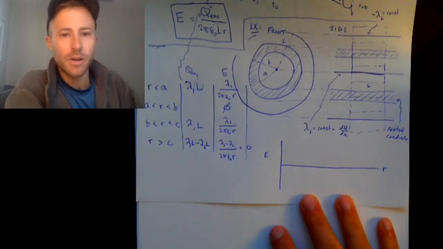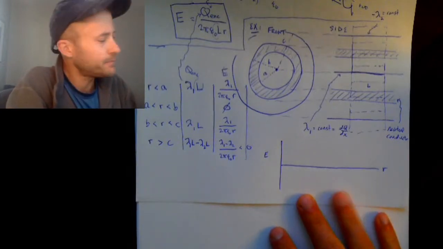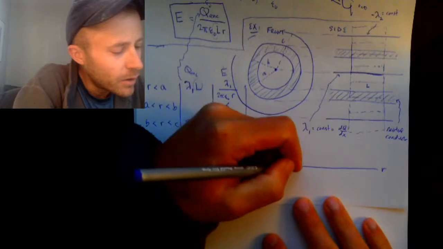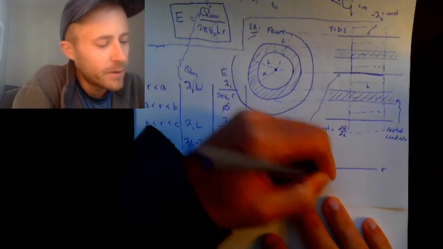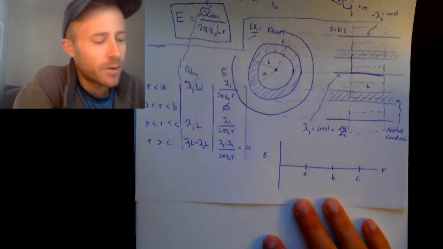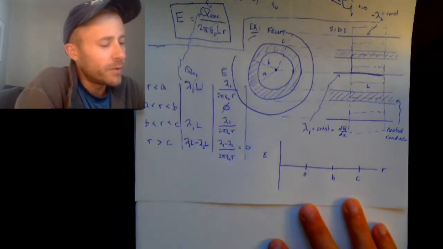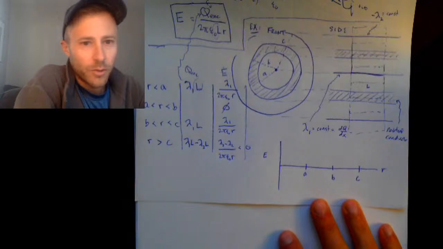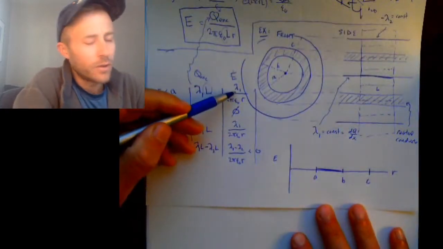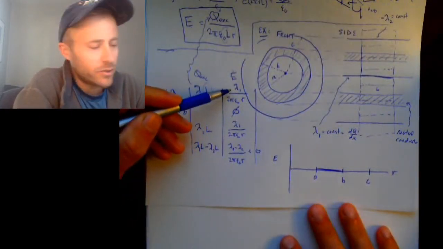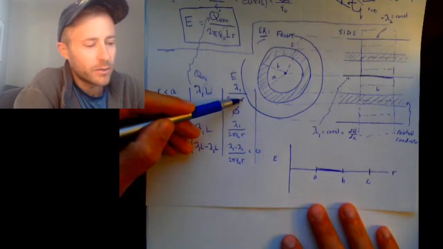So there are 3 important values: R equals A, R equals B, and R equals C. I know that if R is between A and B, I get an electric field of 0, so I can immediately put that one in. For the other one, I can see I have a 1 over R dependence.